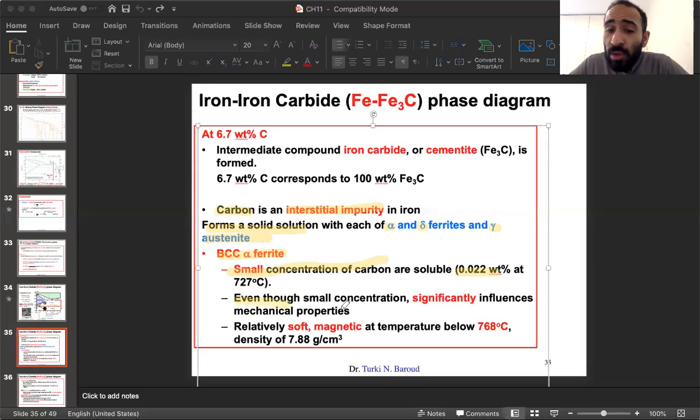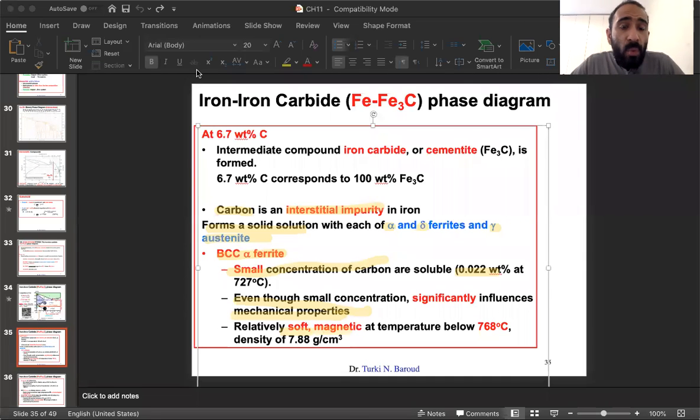Even though it is a small concentration, it is going to play a major role in the mechanical properties. It's going to change them. Why? Because alpha ferrite itself, pure iron without adding anything, is ductile, soft, and magnetic at room temperature and below.